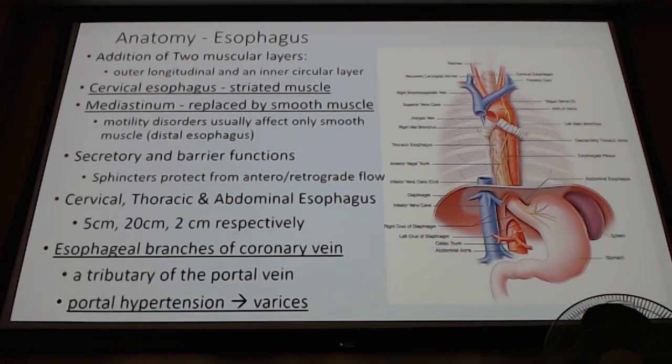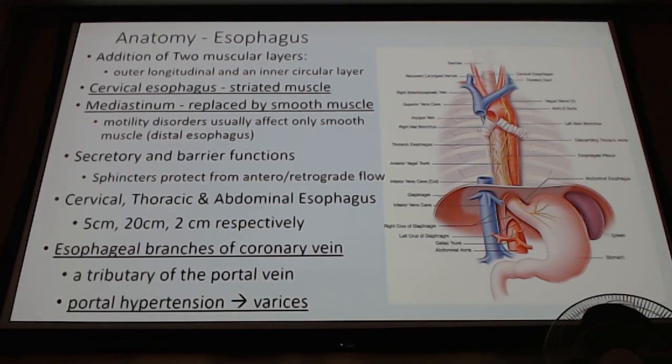Moving on to anatomy of the esophagus. Like we talked about, there are 2 muscular layers, an outer longitudinal and an inner circular. The esophagus is made up of three different parts based on location. We have the cervical, which is 5 centimeters long and striated muscle.